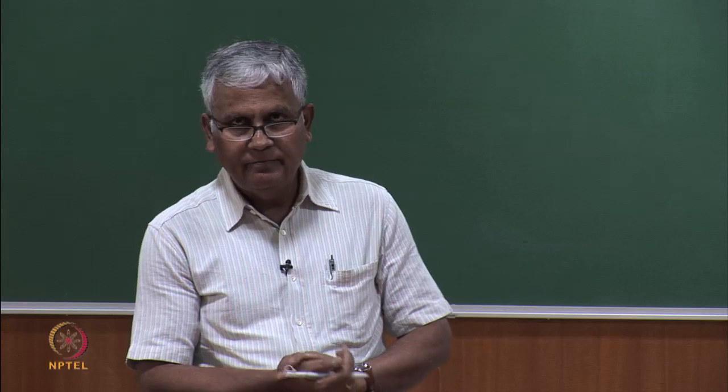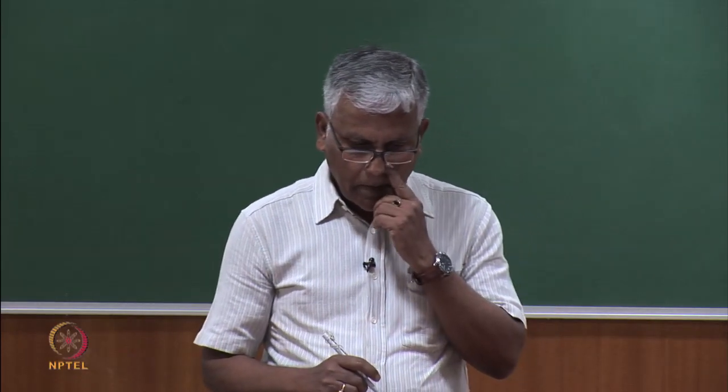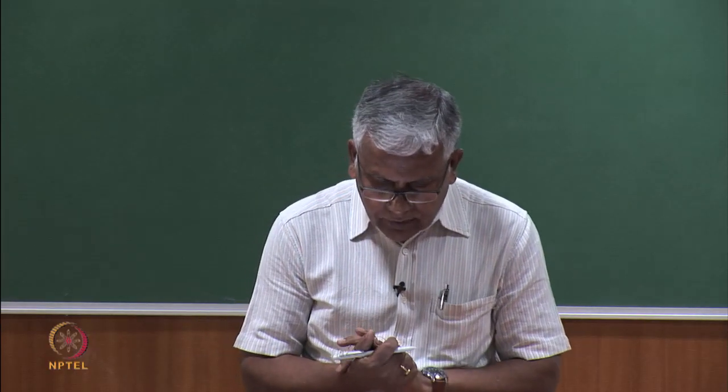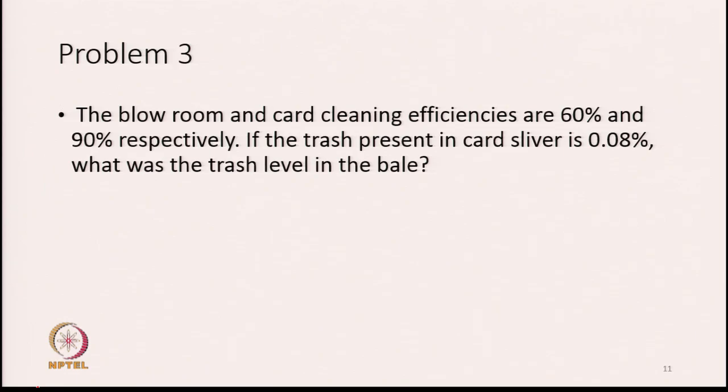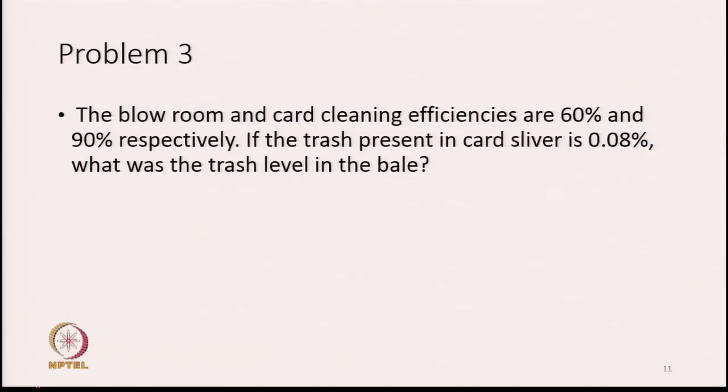Let us say now a problem. Read the problem carefully. The blow room and the card cleaning efficiencies are 60% and 90% respectively. So, 2 cleaning units, blow room is one of them and card is the other.